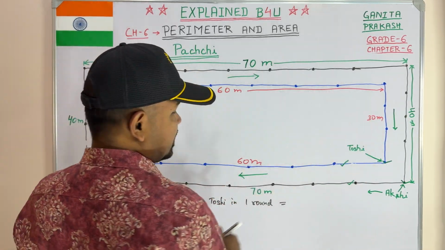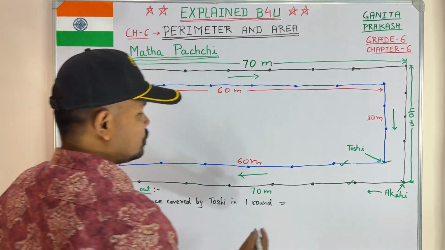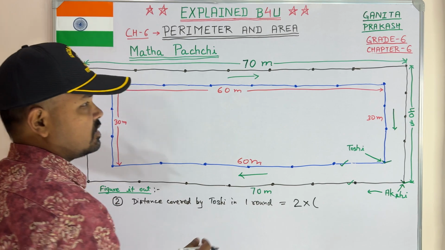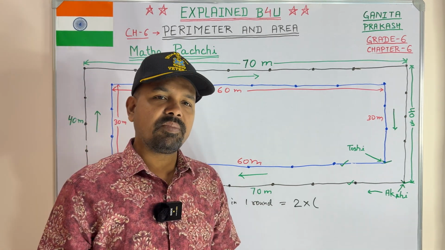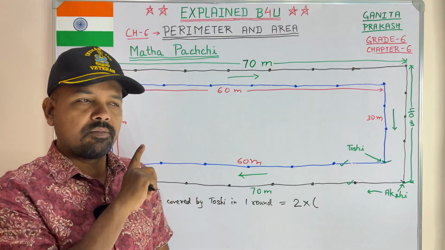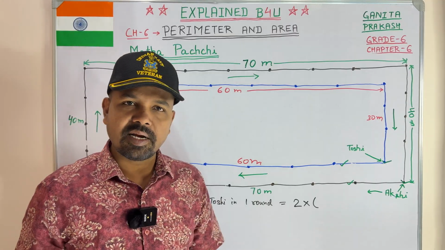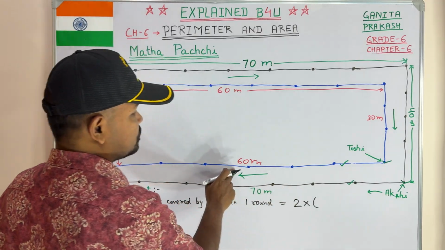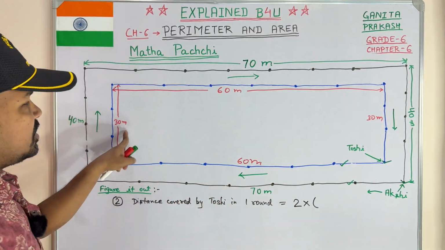Perimeter, it is a rectangle, so the perimeter of a rectangle is 2 into L plus B, 2 multiplied by length plus breadth. You can see my video in detail in previous parts, so your perimeter concept will be cleared. So 2 into L plus B, length is what? 60 meter and breadth is 30 meter.